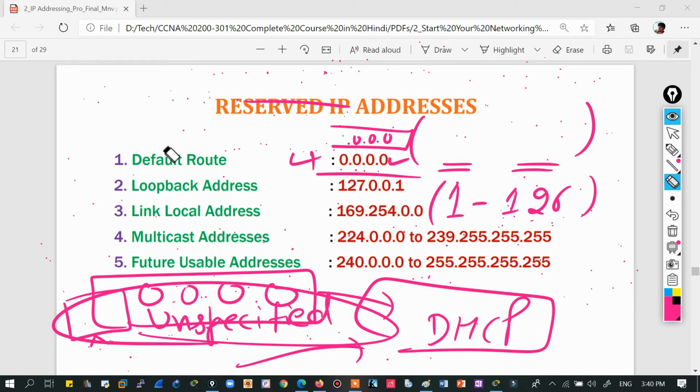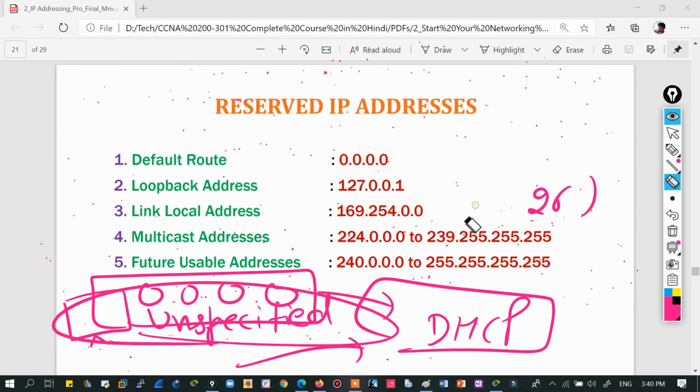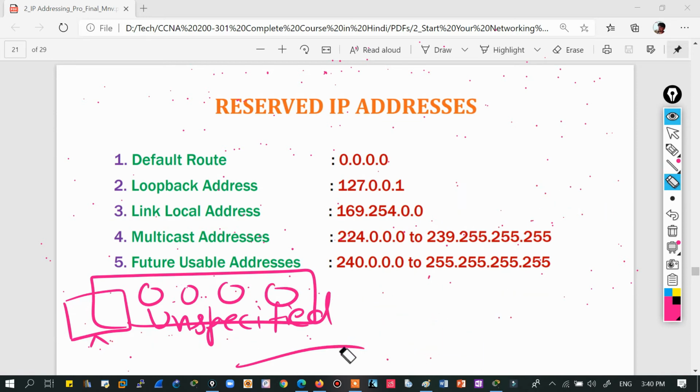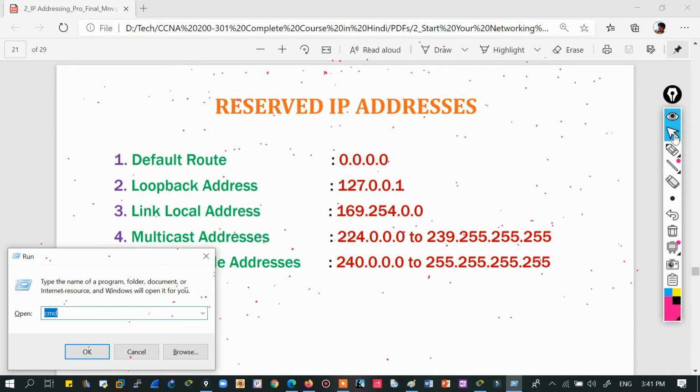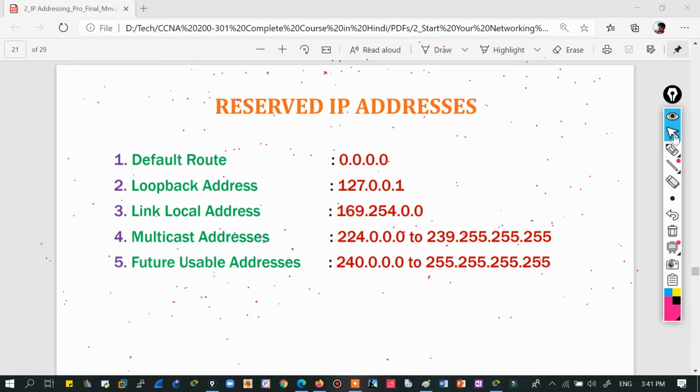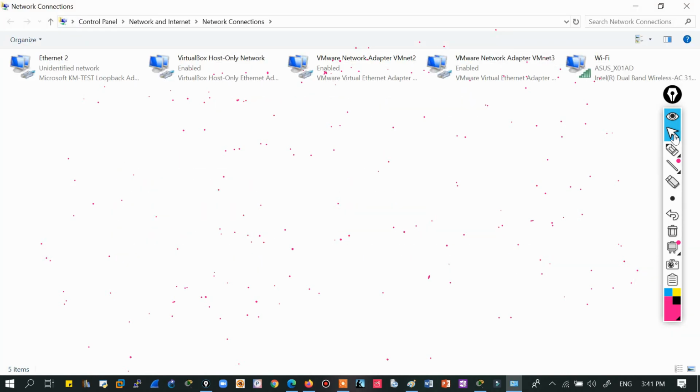Now why is the 127 network reserved, why do we not use the last address in class A? Because that is reserved for loopback testing. What do we mean by loopback testing? Just see here, when I'm doing Windows+R and then ncpa.cpl, I'm opening the TCP/IP stack of my computer, where I can put my IP address settings.